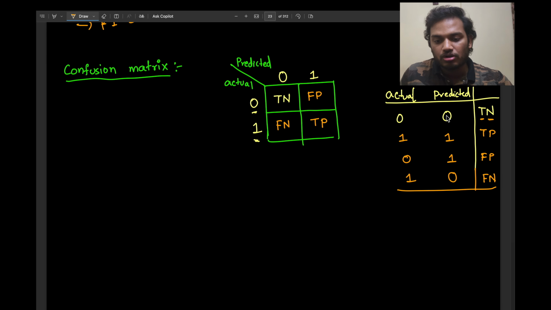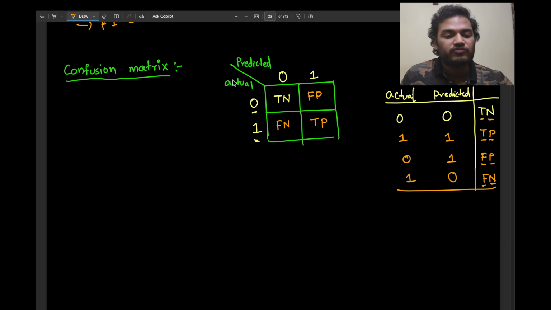Whenever it's 0, it will be negative, and whenever it is 1, it will be positive. And if these two are equal, then that is represented with true in the first character. And if they are unequal, it is represented with false.